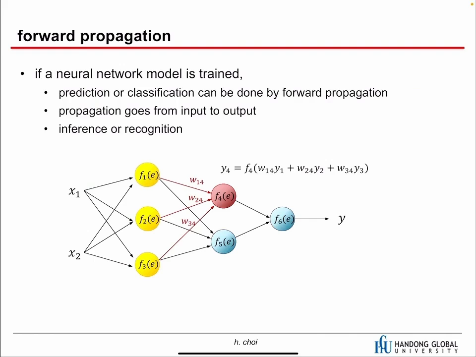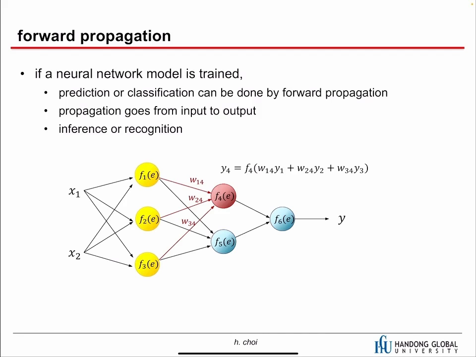Now let's talk about forward propagation. In a neural network, there are two propagations. The first one is forward and the second one is backward. Let's assume that the neural network is already trained. We're going to talk about this training later. If it is trained already, then prediction or classification can be done by forward propagation. The propagation goes from input to output, and we call it inference or recognition.